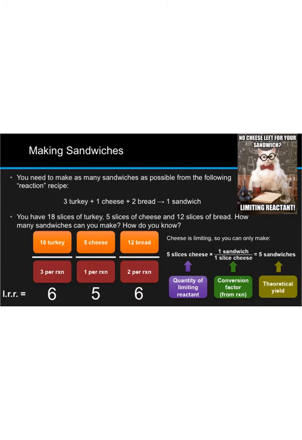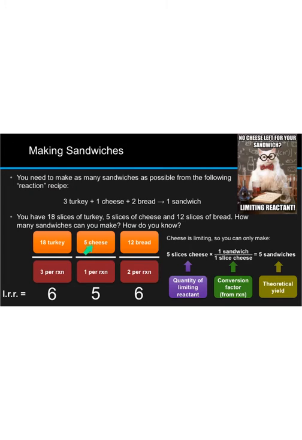That's because relative to the recipe's requirements for turkey, for cheese, and for bread, you have the least relative amount of cheese. If we divide the amount of turkey that you have by the number required for each sandwich or reaction, you get a limiting reactant ratio of 6. If you divide the number of slices of bread that you have by the number required to make each reaction happen, you get a limiting reactant ratio that's 6.